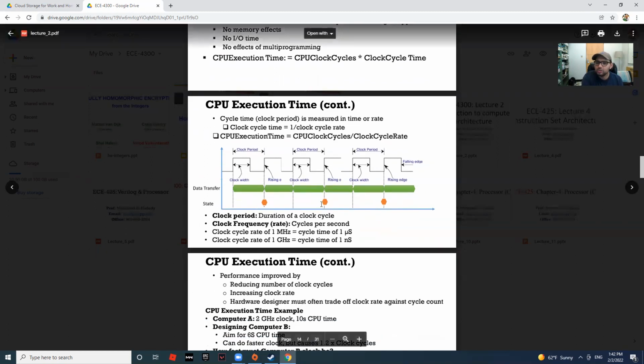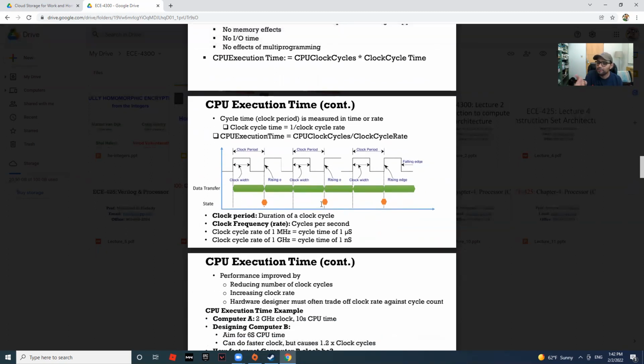So to summarize, the clock period is the period of time the whole clock takes going from high to low and back, and this is periodically repeated, right? So we just care about one clock, which is this clock period. If somebody tells you the clock frequency rate, that means 1 over it, okay?